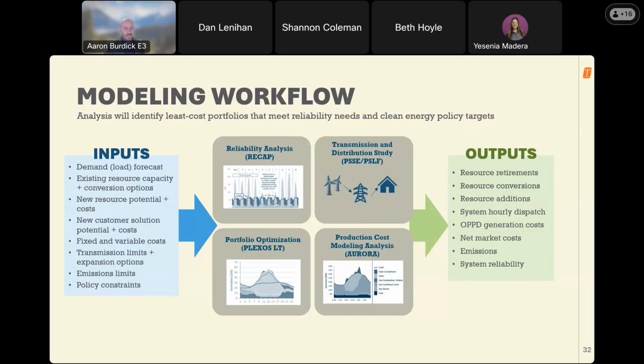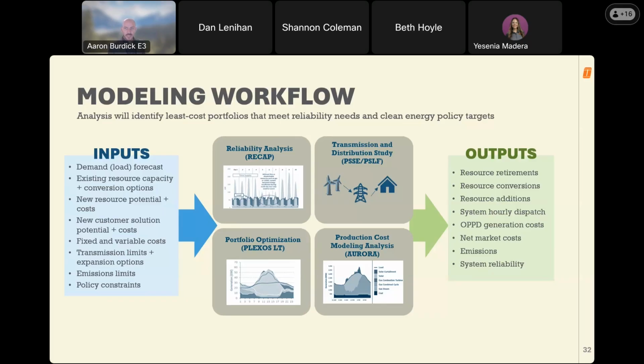In this cycle, E3 will be collaboratively working with the OPPD team on the modeling to support the broad range of needs for an integrated system plan. And the core model that's used in a long-term process like this on the generation side is the portfolio optimization tool. So that's shown in the bottom left here. For that, we'll be using the Plexus LT model.